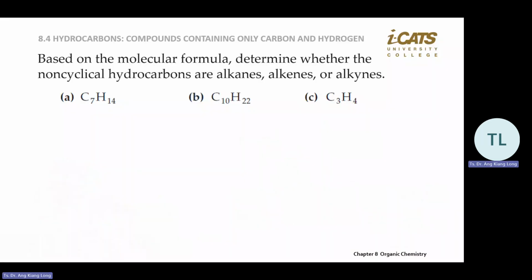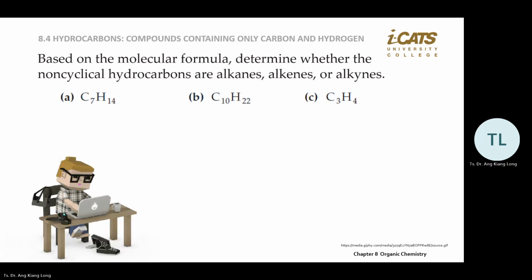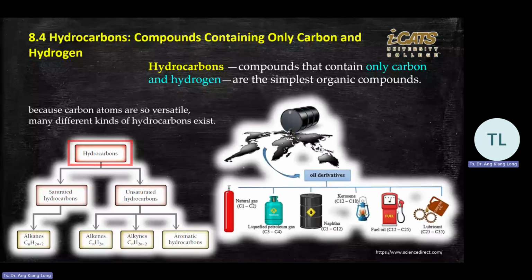First example, C7H14. Here you can see n is 7, and 14 is 2n, so you have n and 2n, which is for alkene.